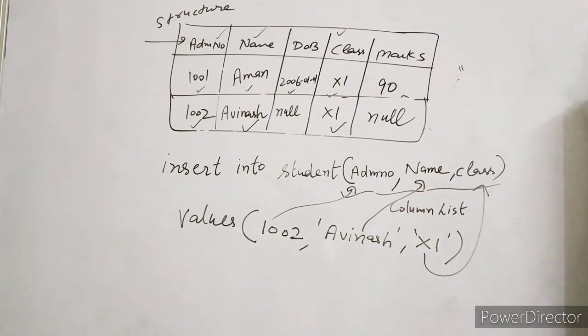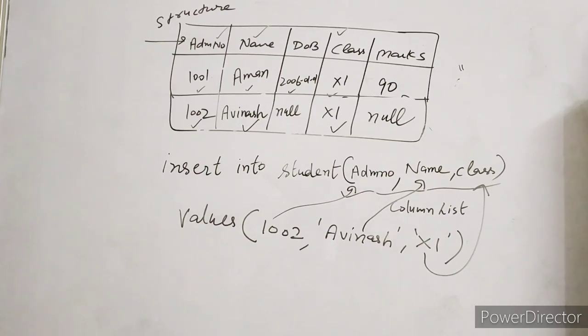This order may vary from the table's order also. It is not mandatory that you follow the same order of the columns. You can write class at the first place, then name, then admission number. Automatically the values will go first to first, second to second, third to third. Clear? This is the third variation of the insert command.